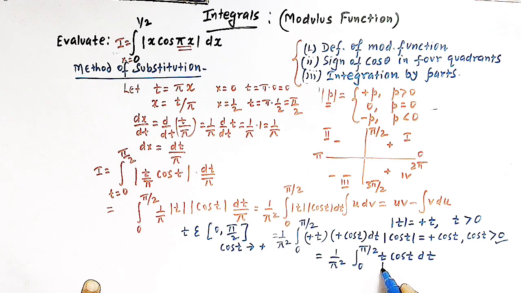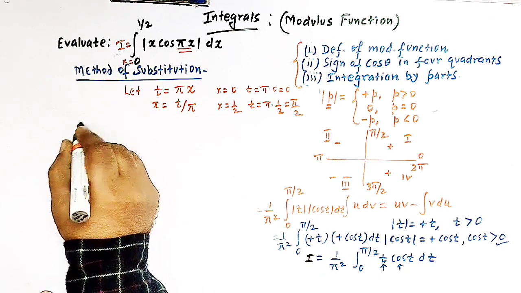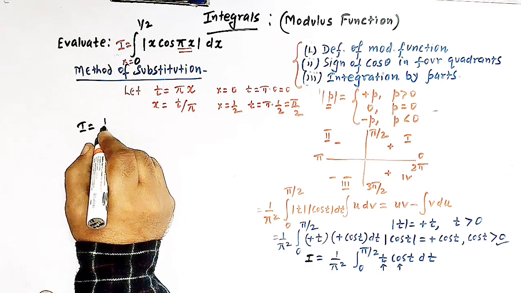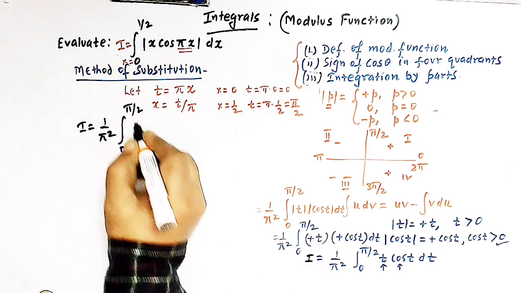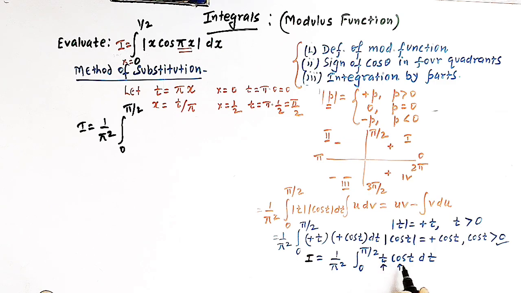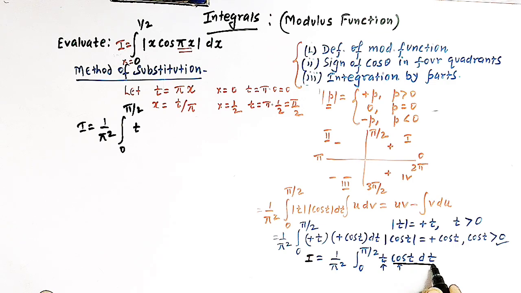So this function is a polynomial function, and this is a trigonometric function. So now we can write the integral I as 1 over pi square, 0 to pi by 2, t cosine t dt.